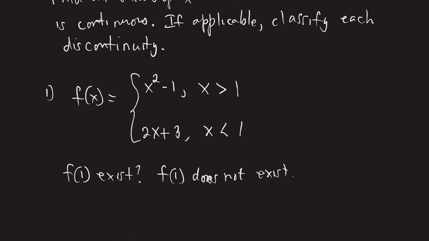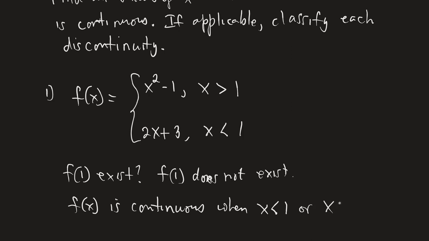There is no function value, so we know it can't be continuous at x equals 1. What we can say for sure is that f of x is continuous when x is less than 1, or when x is greater than 1, but not at 1. So that answers the first part.